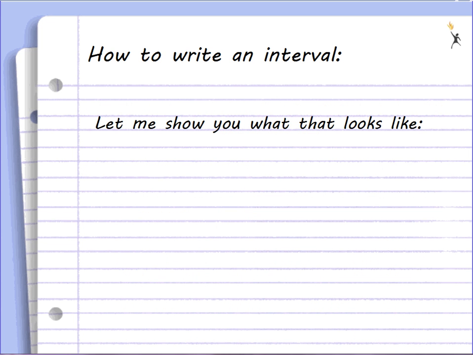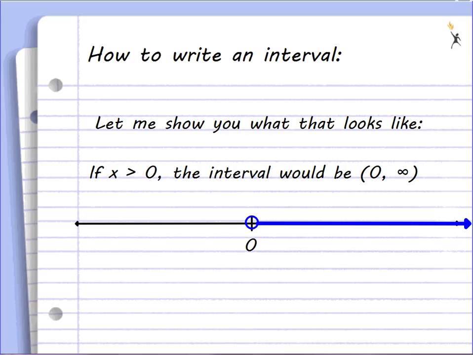Let me show you what that looks like, because hopefully that sounds a little bit familiar. We kind of did the same thing when we graphed inequalities. Remember our open versus closed dots? Well, that's the same situation as a square or a round bracket.